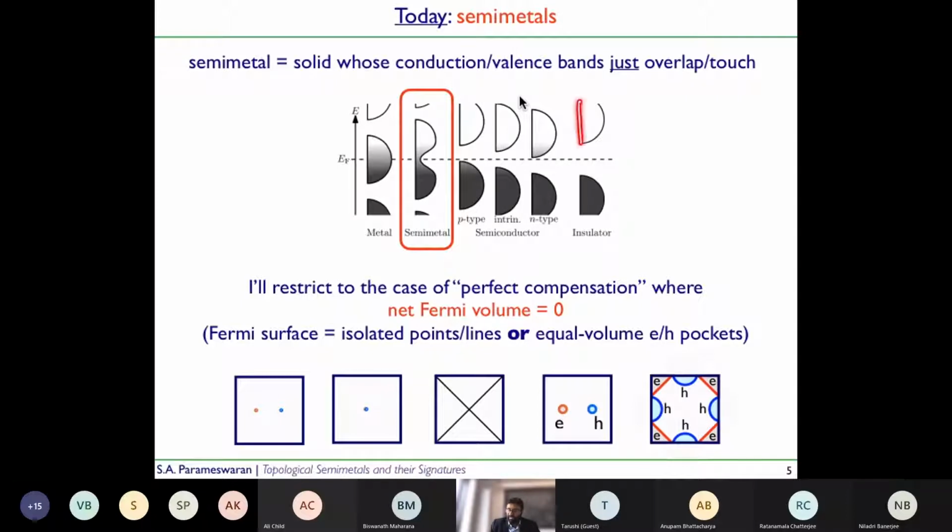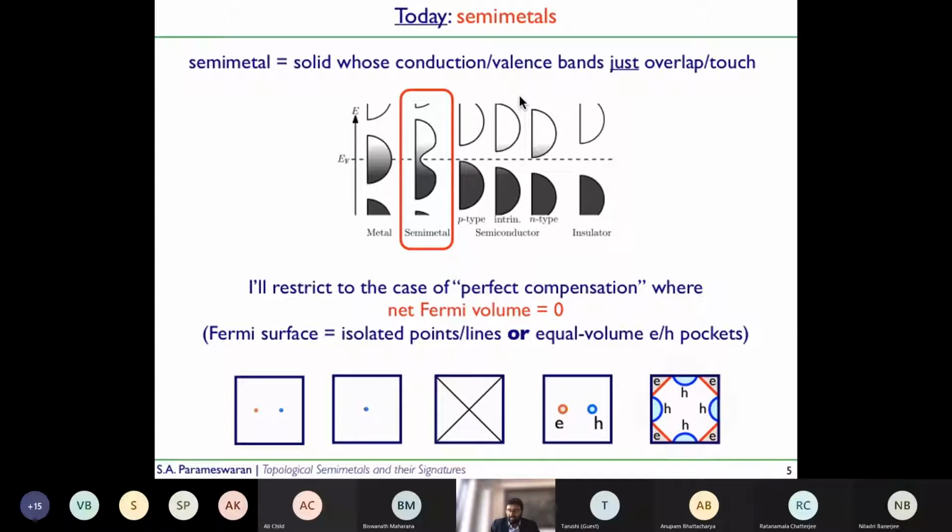What happens if you start off in an insulator is you can bring these bands together to where they just touch. What I'm drawing here is a density of states. Suppose you started off with an insulator with an indirect band gap, and you start bringing the energy bands together, you'll have electron and hole pockets. And I'm going to restrict to the case of what I'll call perfect compensation.